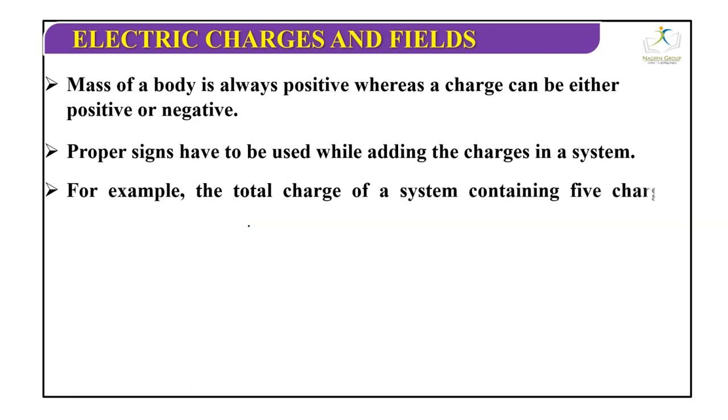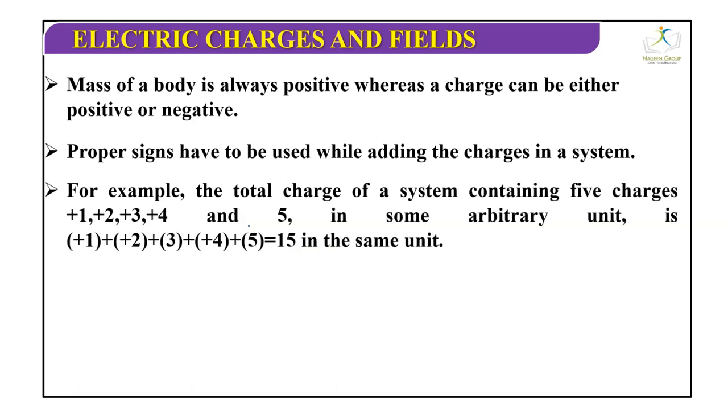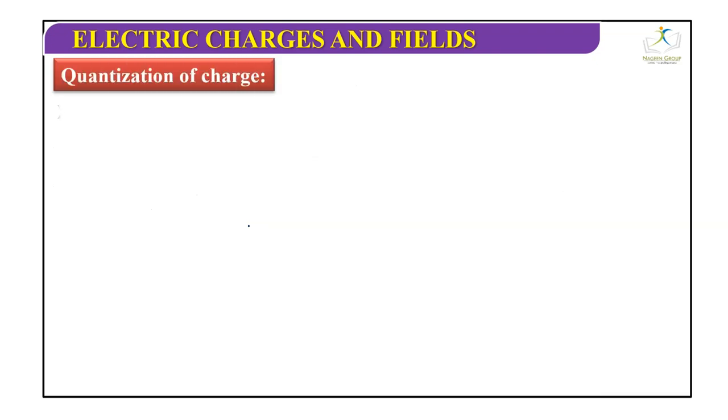For example, if the total charge of a system contains 5 charges, all positively charged, we add 1 plus 2 plus 3 plus 4 plus 5, so the algebraic sum will be 15, in the same unit.